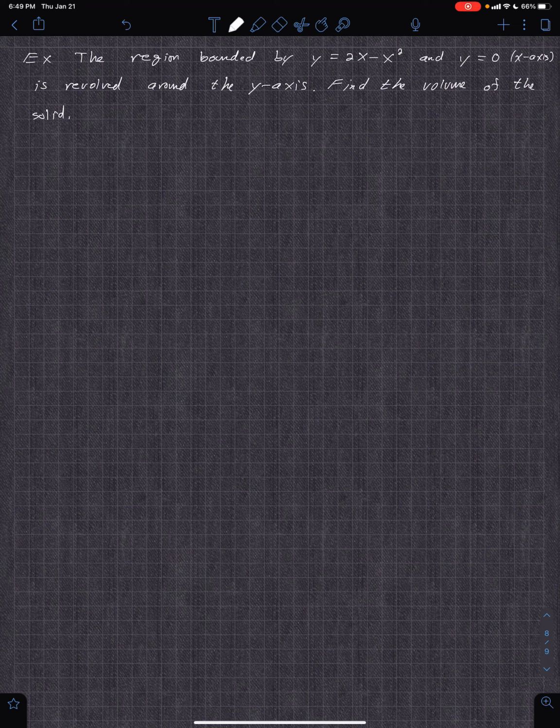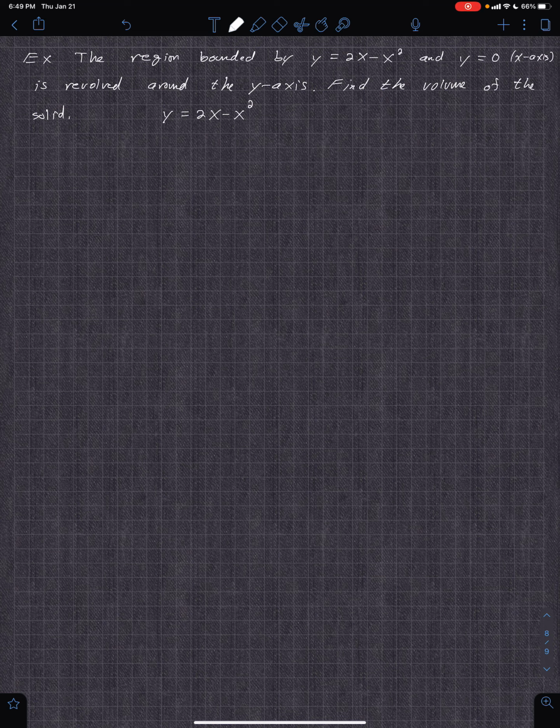Sometimes that's how they say it. So let's take a look at first the y equals 2x minus x squared. What we really want to do is graph this and see what it looks like.